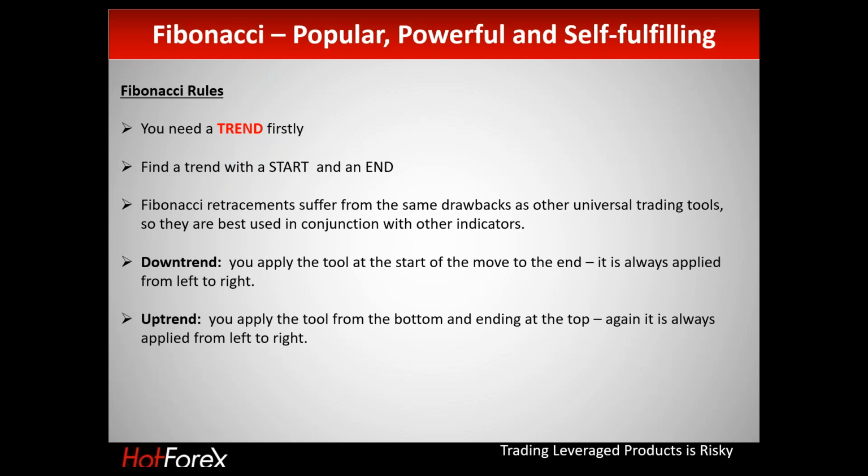You can never know if this particular move is a Fibonacci retracement rather than a reversal, because Fibonacci will help us only to measure it as if it is. So if our asset is declining, it's in a downtrend, we're going to apply it from the top to the bottom. If our trend is an uptrend, moving upward, we're going to apply it from the bottom to the top. So from the left to the right.